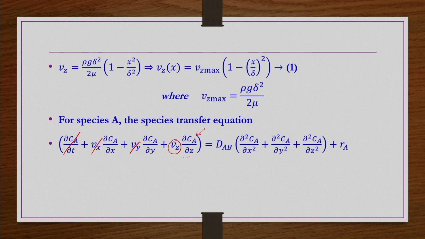So, this you cannot cancel out. Now, for the D_AB term, C_A is a function of x, so this term should be there, but it is not a function of y, so it is 0. C is a function of z also, but the convection in the z direction is much higher compared to the diffusion in the z direction.